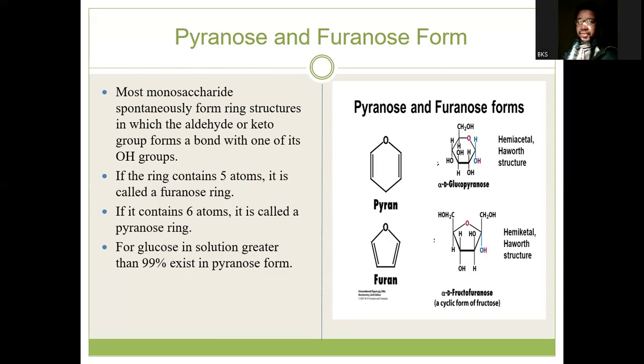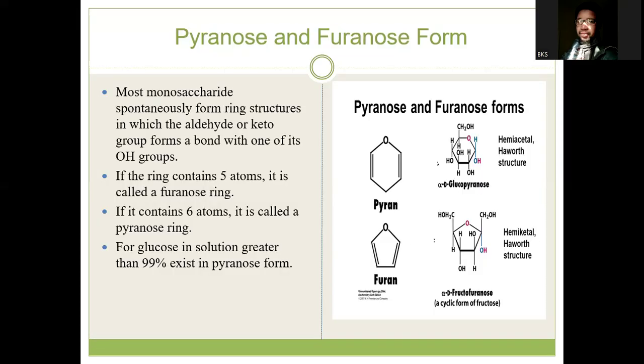We call it pyranose. When it is furan, it is furanose. Glucose in solution can form either the 6-atom ring or the 5-atom ring. So it can form either the pyran ring or the furan ring. But in most cases, up to about 99%, it exists in the form of the pyranose ring instead of the furanose ring.